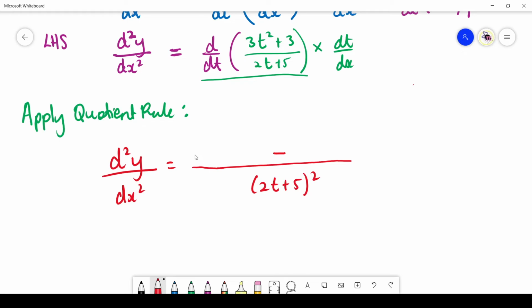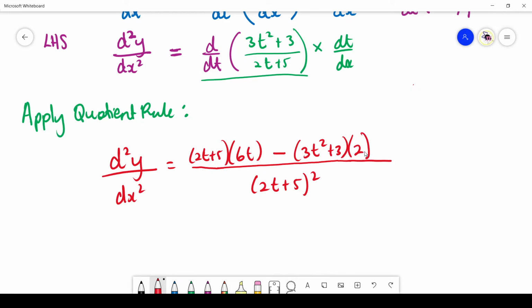Then you're going to have v over here, 2t plus 5, and the derivative of the numerator, which is 3 2s is 6t, subtract u, which is 3t squared plus 3, multiply by the derivative of that denominator, which is 2.